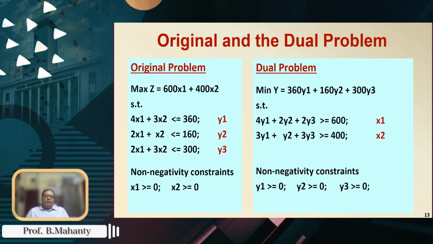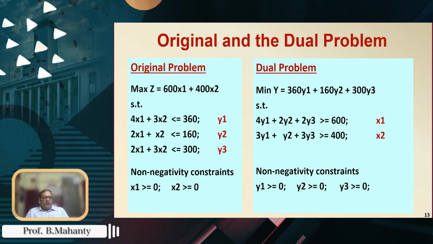So between the primal and the dual problem, the constraints are connected to the variable type, and variable types are connected to the constraints. So let us put it this way: primal constraints are connected to the dual variable type, and primal variable types are connected to the dual constraints, right? To understand these in a very simple form, if you simply think that if the original or the primal problem is in standard form of maximization, then the dual problem will be minimization in the standard form. All right, so that is very easy to understand.